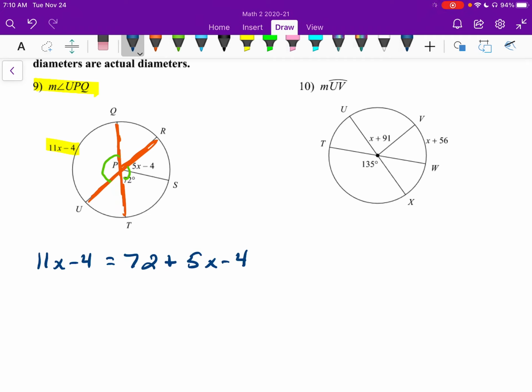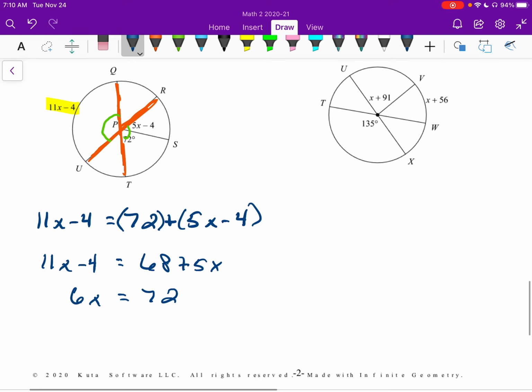Because I know that those big angles are vertical angles, and then I just added together the two smaller angles that make it up. All right, now I can add those up and solve, so I'm going to have 11x minus 4 equals 68 plus 5x. So that's going to be what? 6x equals 72. And what is 72 divided by 6? That's 12. So x equals 12.